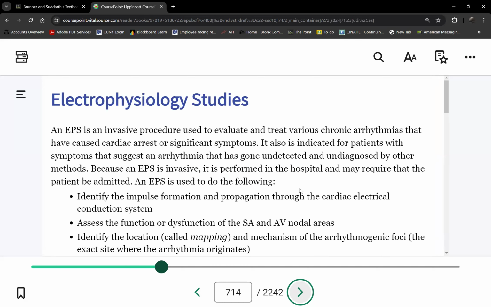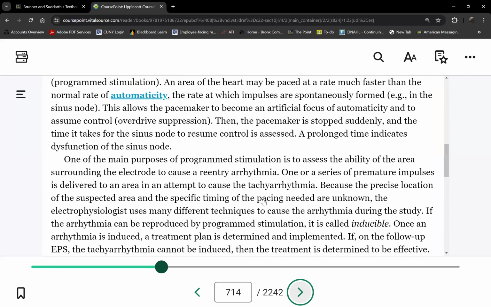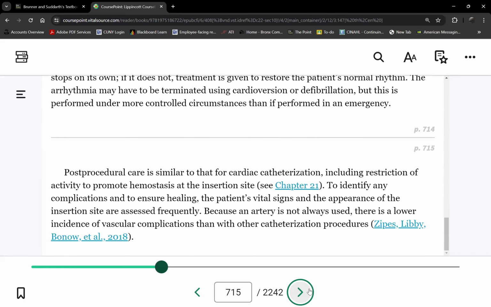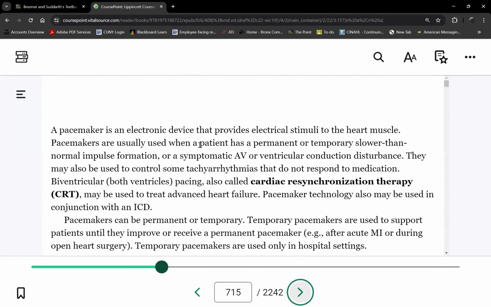We really have no role in EPS studies except taking the patient down there to the cath lab and the doctor does everything. What's the purpose of EPS again? What will this test do? Okay, this is a diagnostic procedure. So this will define the sources of the abnormal electrical impulses. That's all we need to know about EPS.